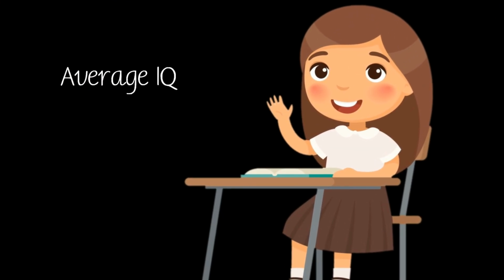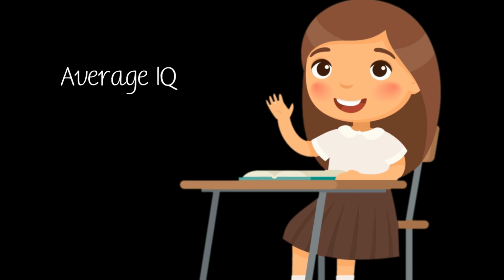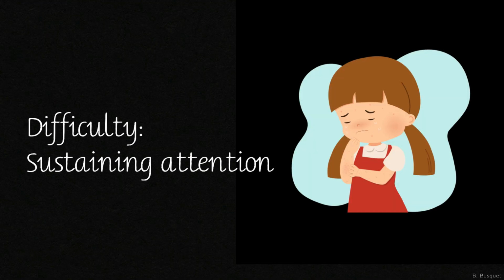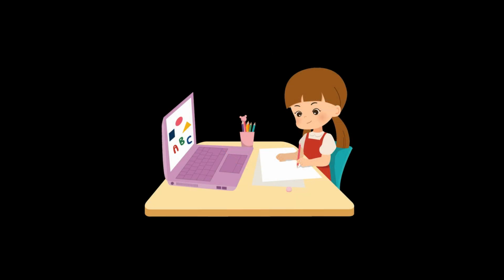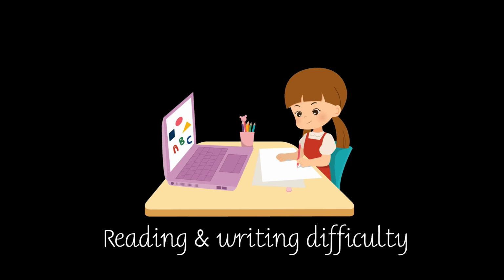What conclusions could be arrived at on the basis of the tests that Seema underwent? A few conclusions could be arrived at. Seema was intelligent enough to handle her academic tasks. However, a number of difficulties stood in her way. She was not able to sustain attention on tasks, had sensory integration difficulties, and had difficulty with reading and writing.